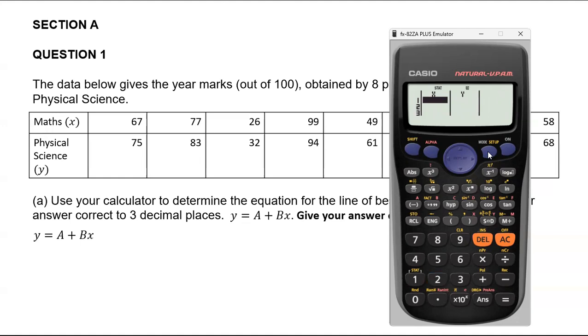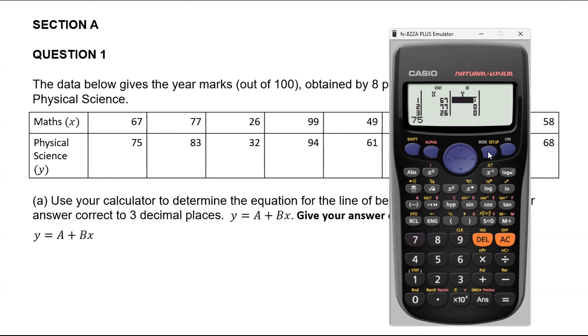Now we know that X is math and Y will be physics. So for math, we'll start with 67 equal sign, 77 equal sign, 26 equal sign, 99 equal sign, 49 equal sign, 38 equal sign, 56 equal sign, 58 equal sign. Let's go to the Y's.